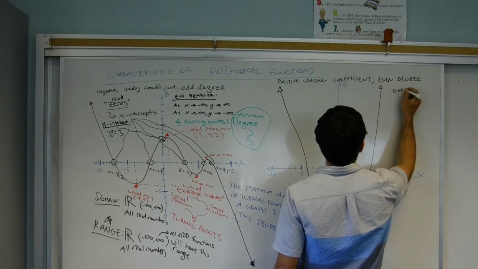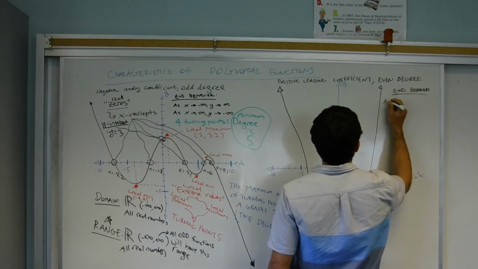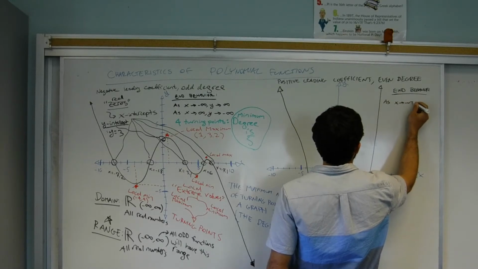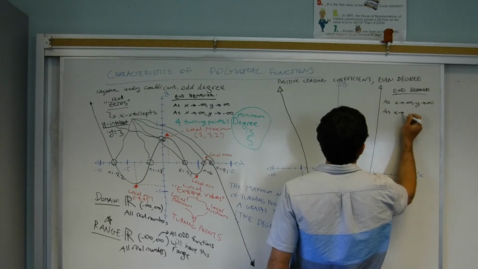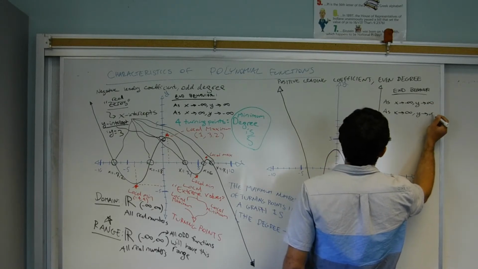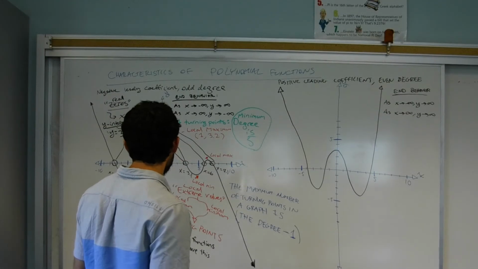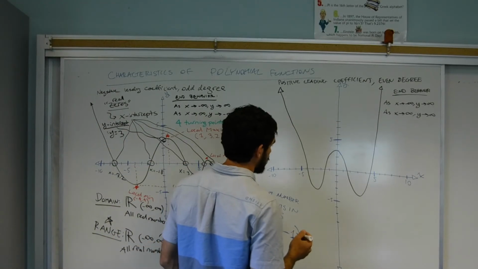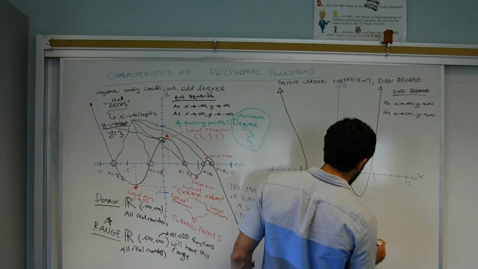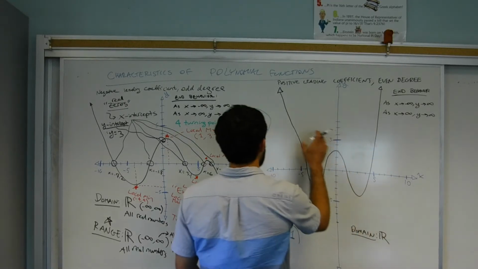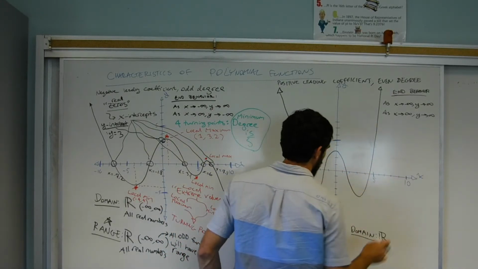So our end behavior would be, as x goes to negative infinity, y goes to infinity, and as x goes to infinity, y also goes to infinity. And you can confirm that on the graph. So our domain is going to be all real numbers, because we see it goes forever in negative x and in positive x.